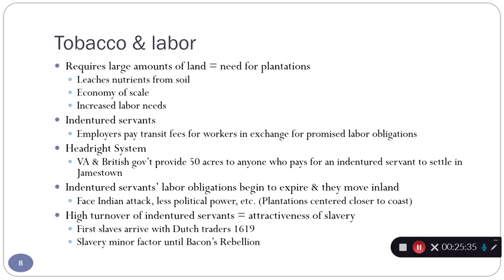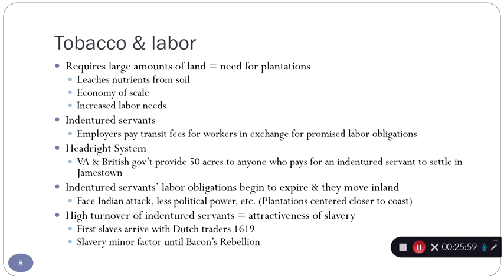And so, because you're constantly having to replenish your indentured servant population, it starts to look a little bit more appealing to have a labor source that doesn't expire, right? That their service to you doesn't just run out in the way that indentured servitude does. This is where slavery will become an appealing option.